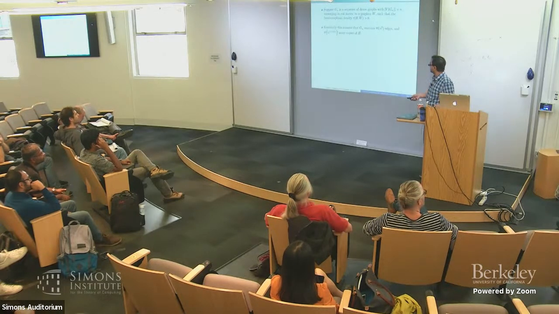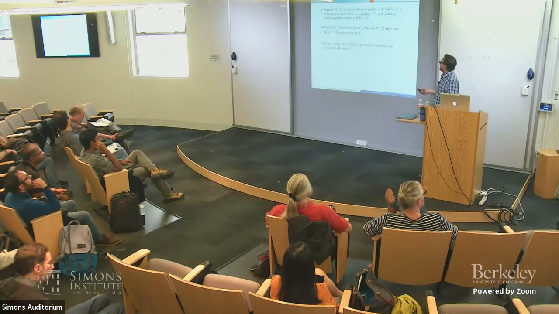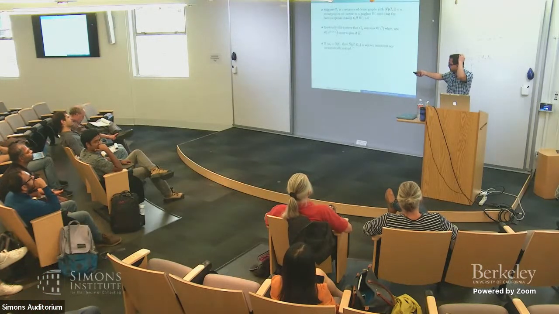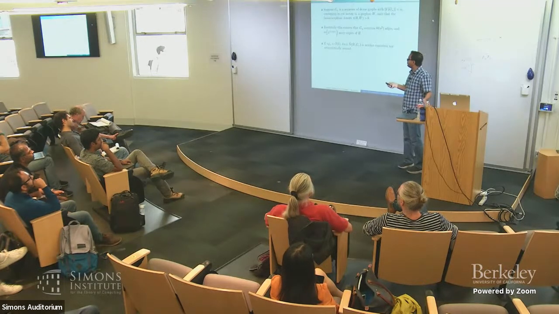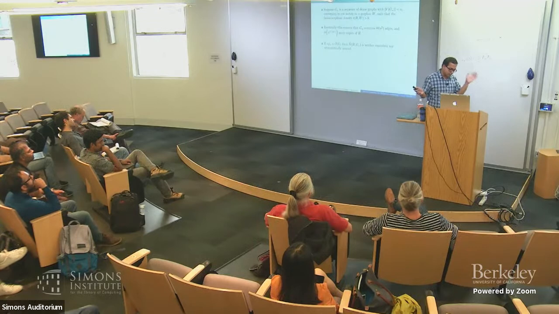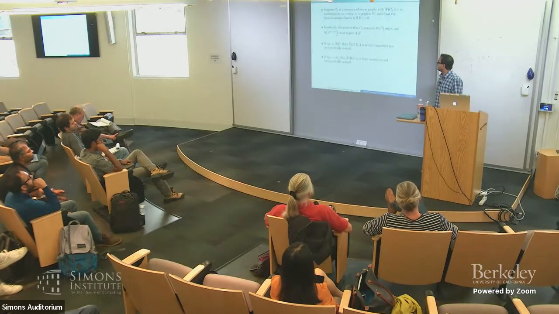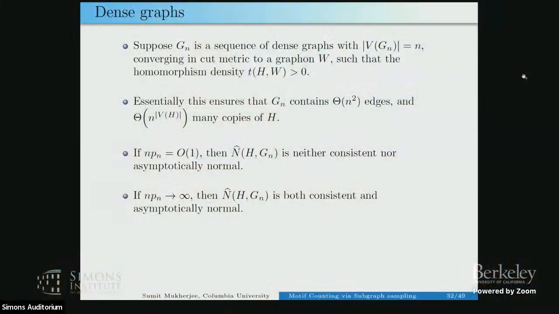We don't actually care that it has a limit. Then the result is actually very simple. I mean, you have to manipulate our sufficient conditions a bit to get this, but the exact result is: np goes to infinity. So if np is bounded, your estimator is neither consistent nor normal. On the other hand, if np goes to infinity, the estimator is both consistent and normal. So this is an exact characterization of normality here.